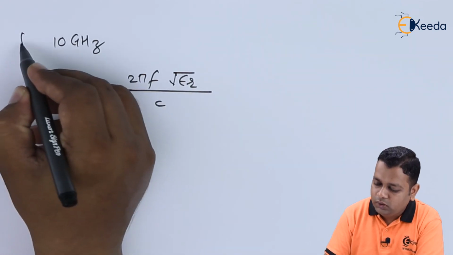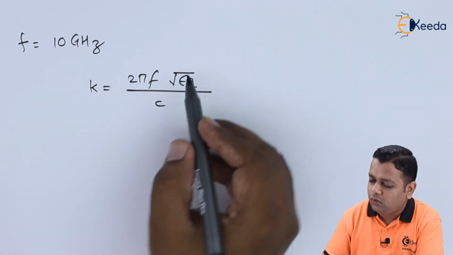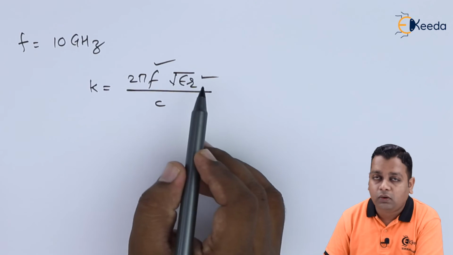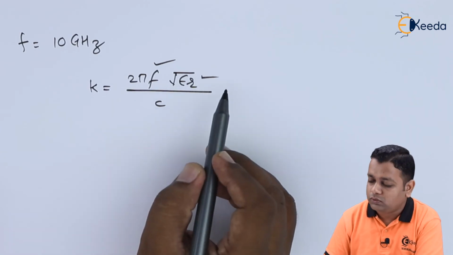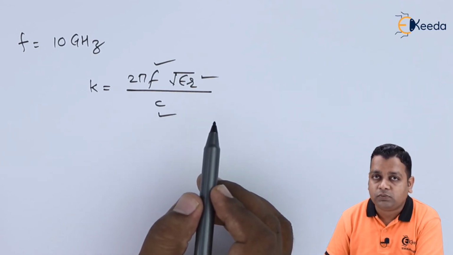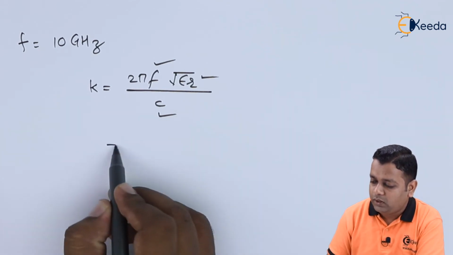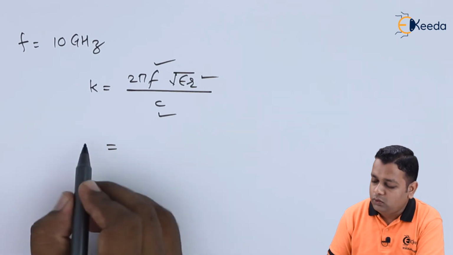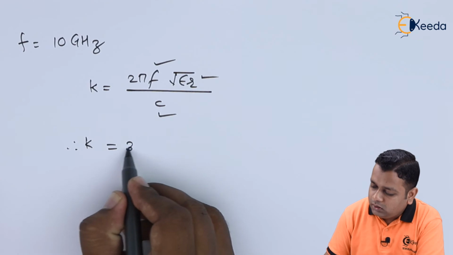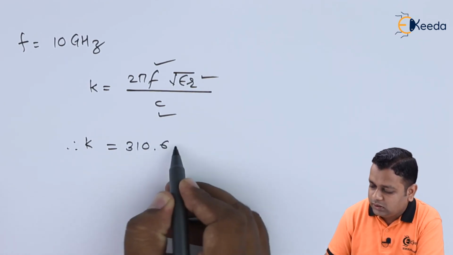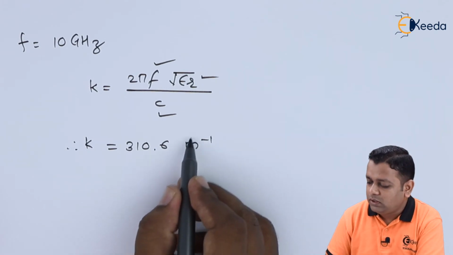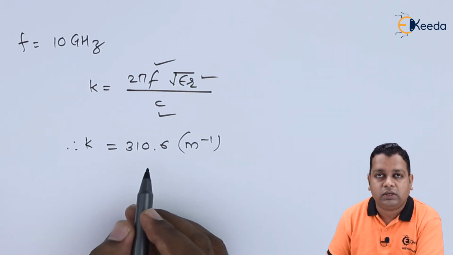Here we have f already available, 10 gigahertz as per the problem statement. Epsilon r is also given, and c is the constant value 3 into 10 raised to power 8 meter per second. So this results in the wave number k equal to 310.6, in terms of per meter, that is meter inverse.